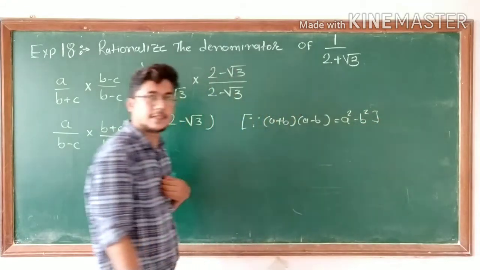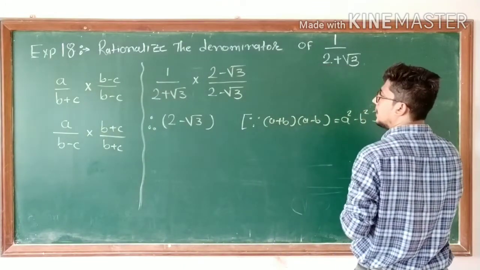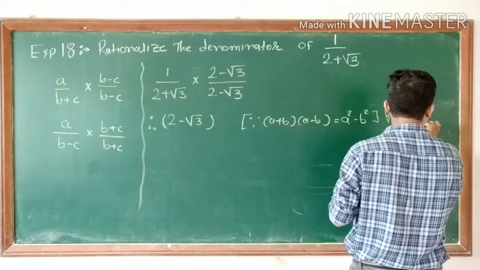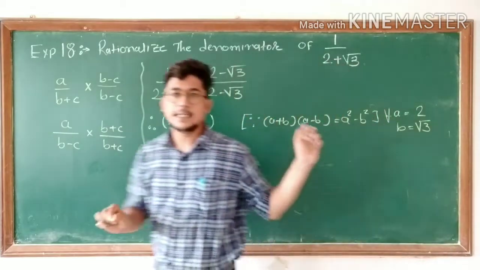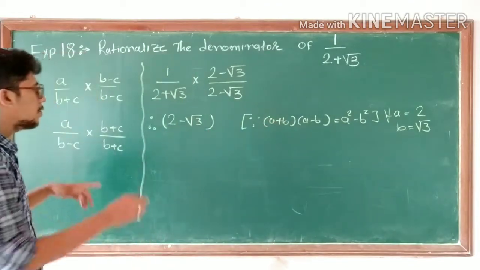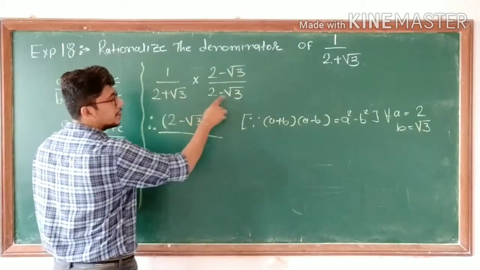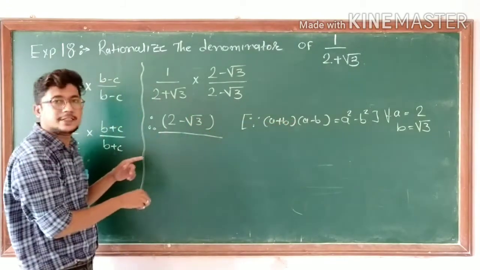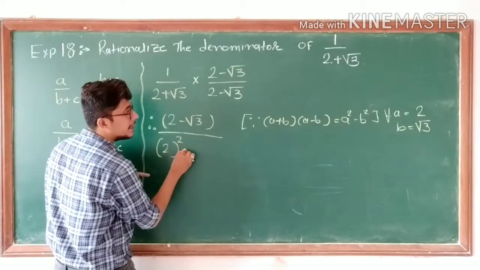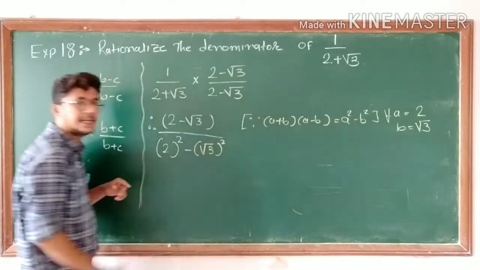Where a is equal to 2 and b is equal to root 3. So now put the values over here. The final answer will be a square minus b square, so in terms of a, we will put 2 square minus root 3 to the whole square. Can we write like this?